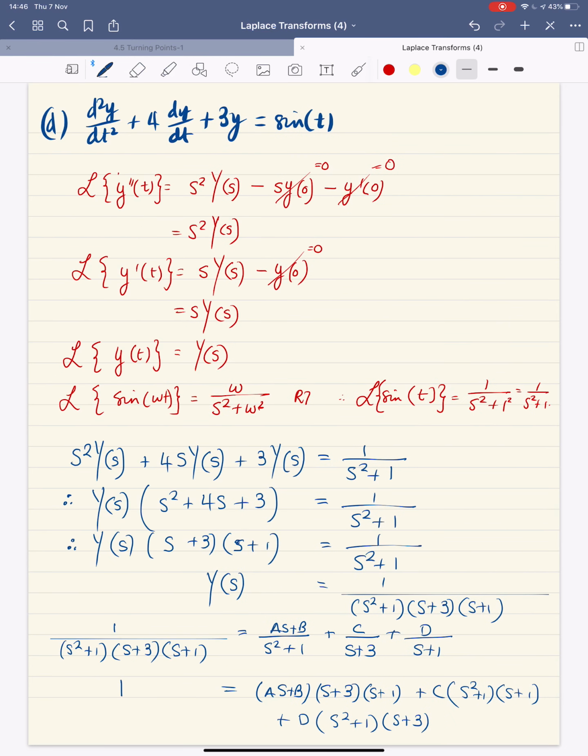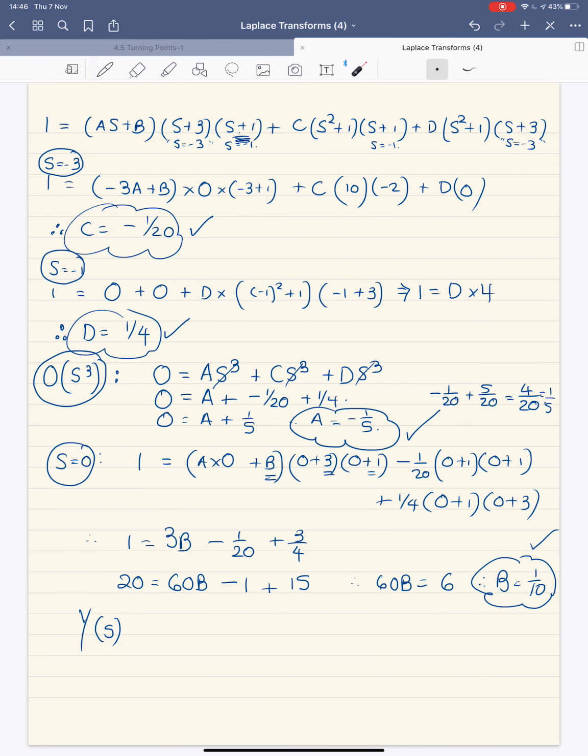So we end up with Y of s. It's As plus B over s squared plus 1, which is minus 1/5 s plus 1/10 over s squared plus 1.